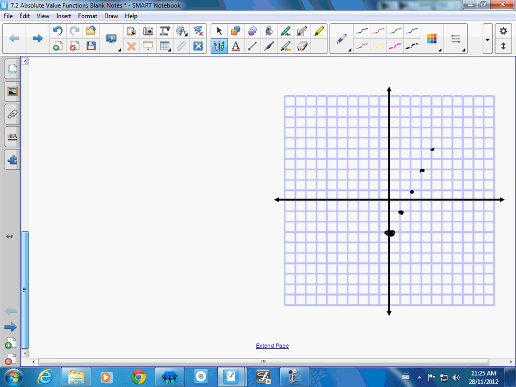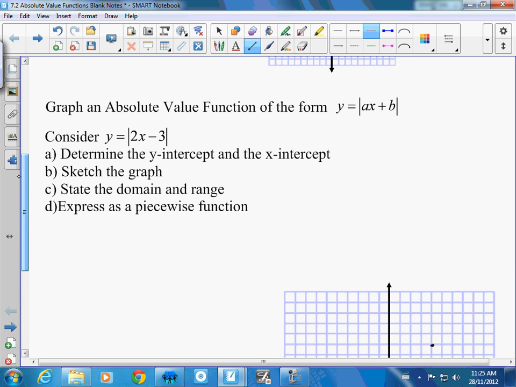Okay. So can we put in a line now? Up 2 over 1. What's the slope? 2. 2 over 1. Rise over run. What is the slope? 2.